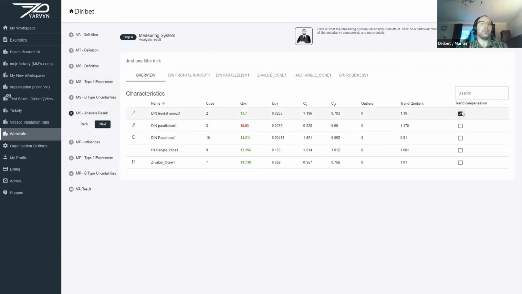What's important in this overview is this last column, the trend quotient. This number shows us how much the results will differ when we try to compensate the trend. And it is calculated relative to the QMS, the overall results.